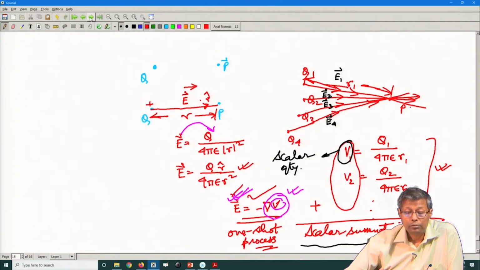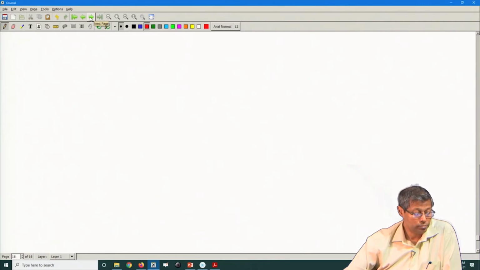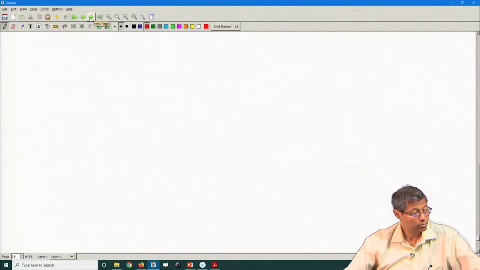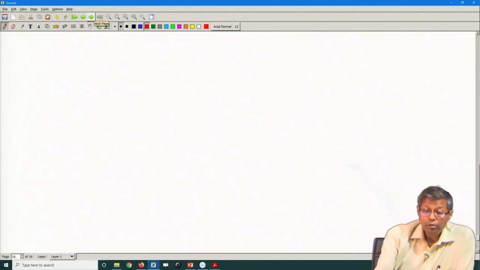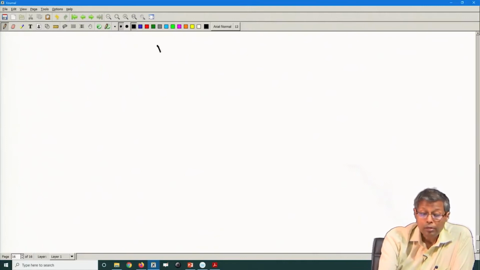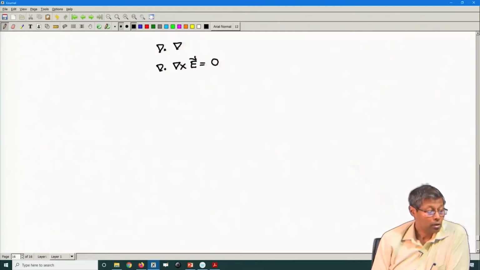So, for that we note that divergence of curl of E equal to 0.